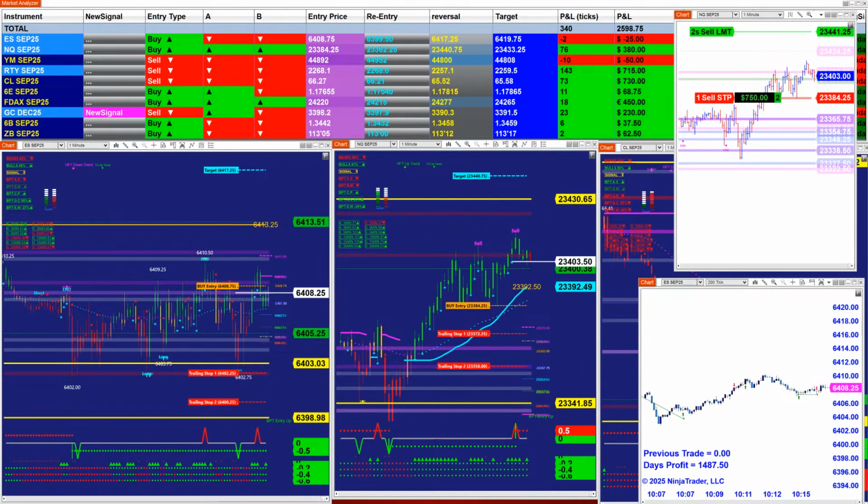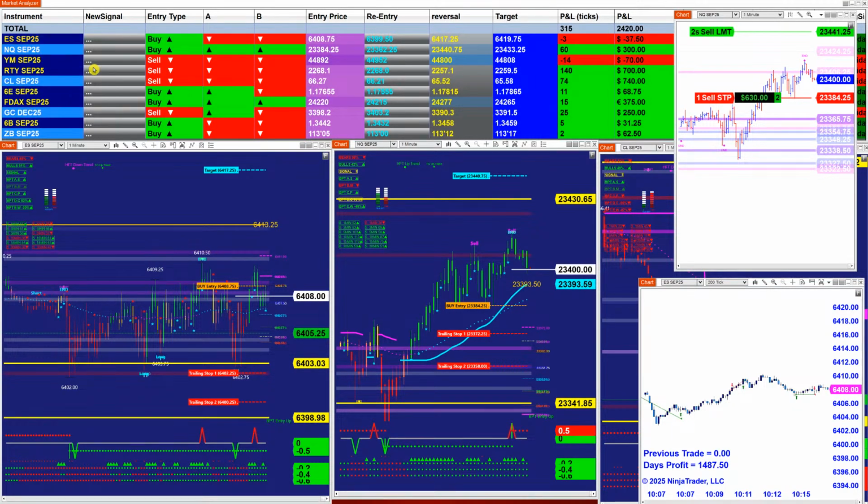Right now we have the new signal on the gold sell position. I don't have the gold on the market analyzer, but our gold auto trade is doing extremely well, and we only have a couple of charts.